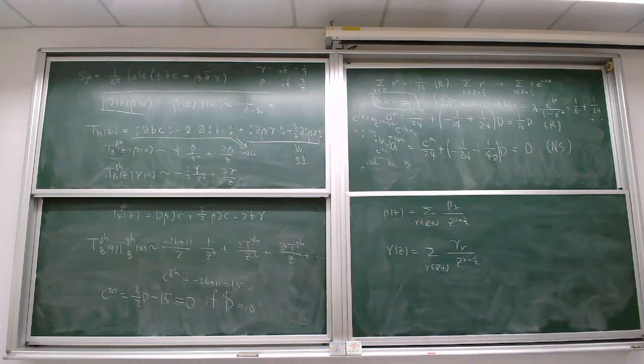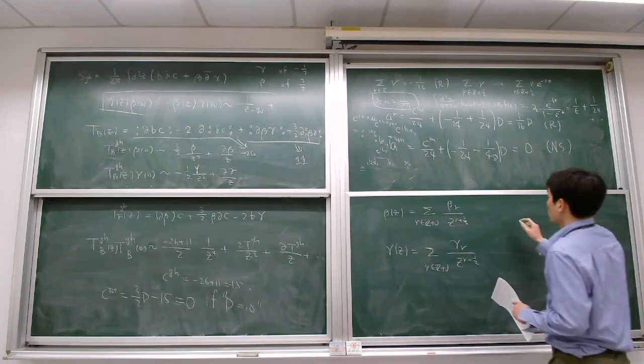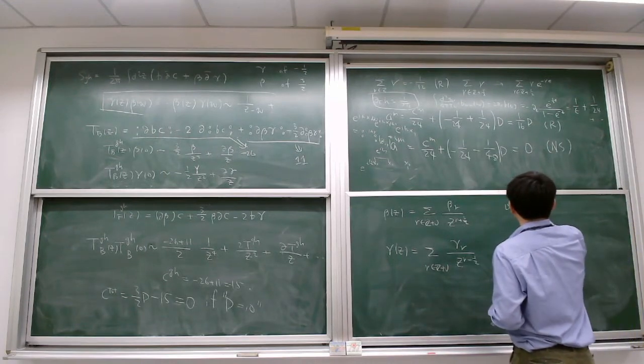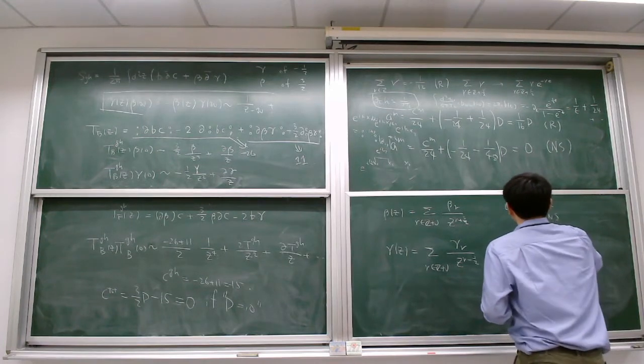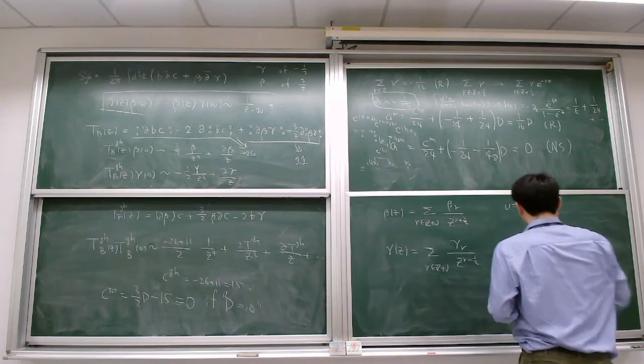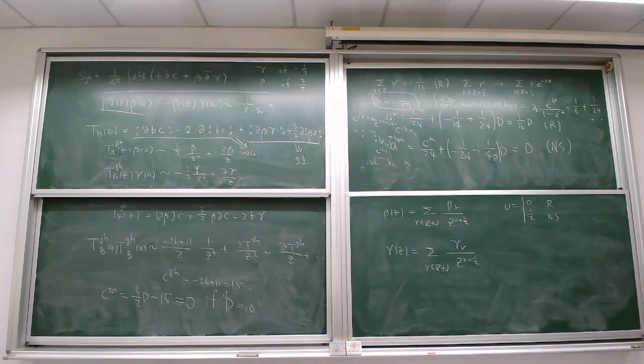Okay, so again, ν is 0 or 1/2, Ramond and Neveu-Schwarz.